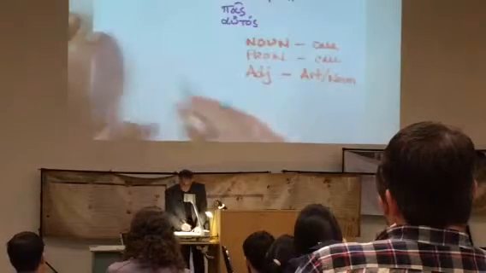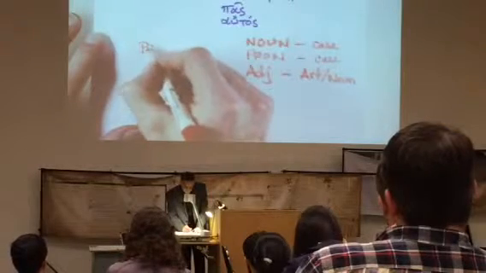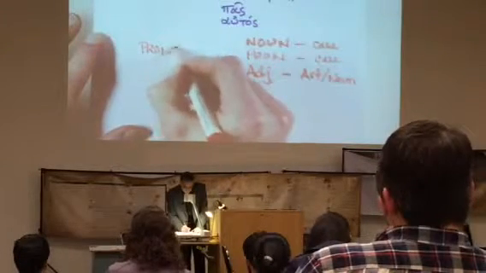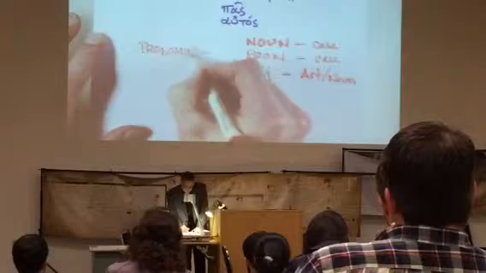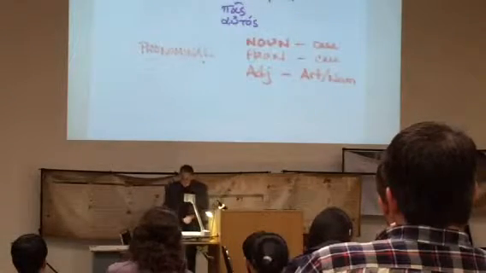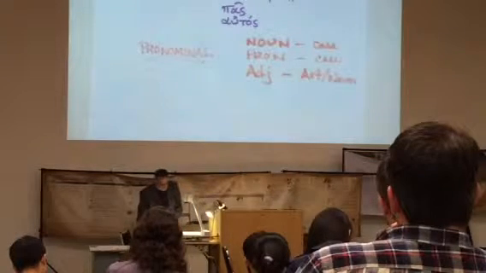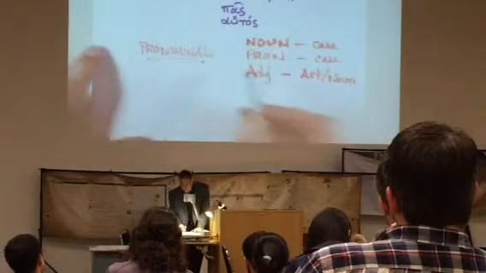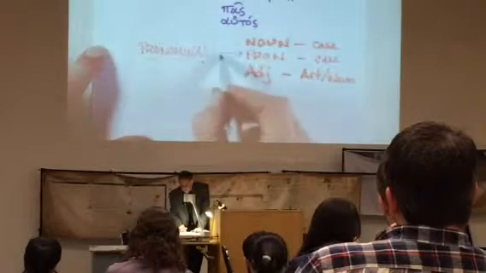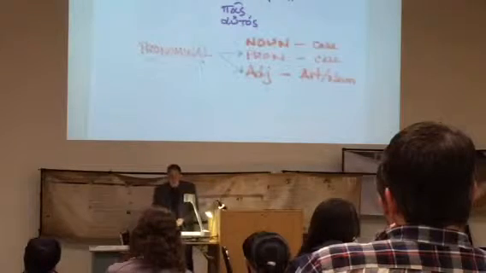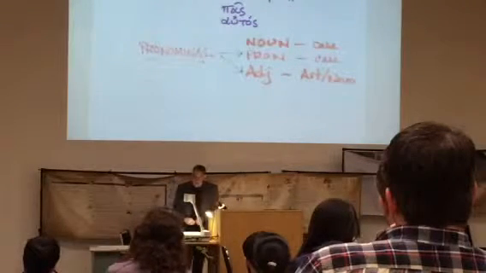When we work with pronominals now, we have a little bit of a preliminary step that we have to take. The pronominal is over here, and because it has the option of going on as a pronoun or an adjective, we have to determine that first. And then once we've determined that, we go one step further and handle it like an adjective.